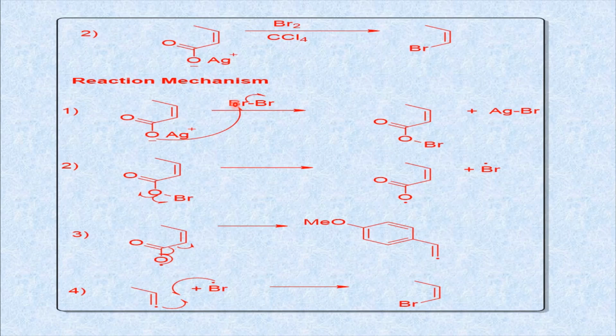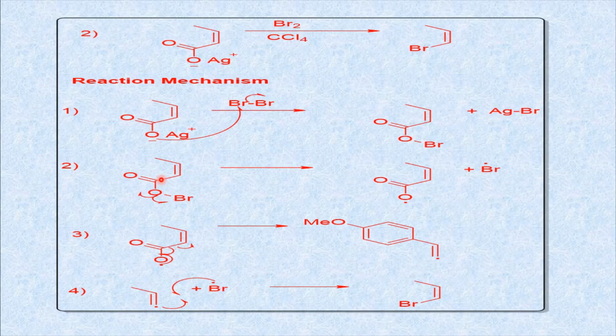Oxygen will form a bond with this Br, and the Br minus reacts with the silver plus, forming an ionic bond with silver. It converts to AgBr, Ag plus, Br minus. So there is an ionic bond between Ag and Br.